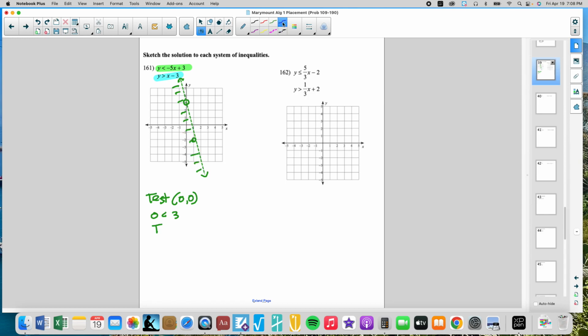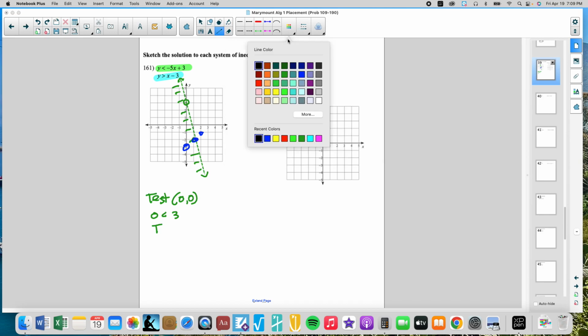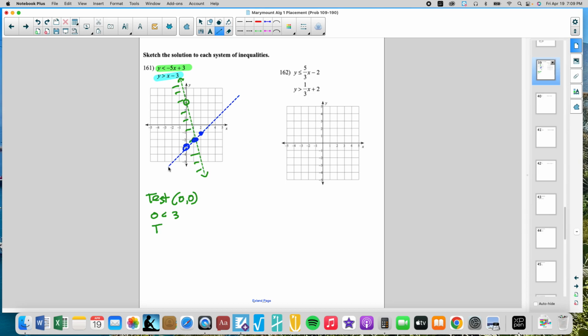Now I'm going to do blue. -3, open circle, slope of 1. Oh, I see where it intersects. And then I'm going to do a dotted line again. This time it's going to be blue going in that direction. I'm going to put some arrows for specificity.